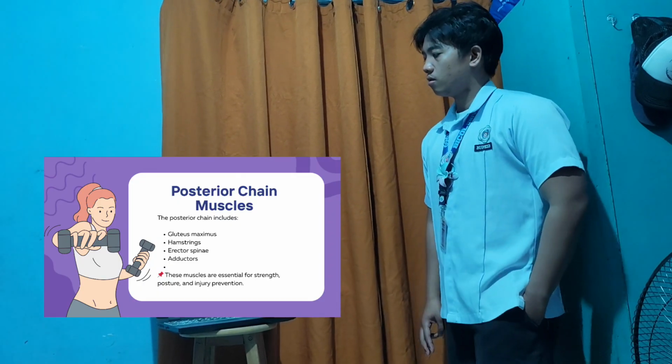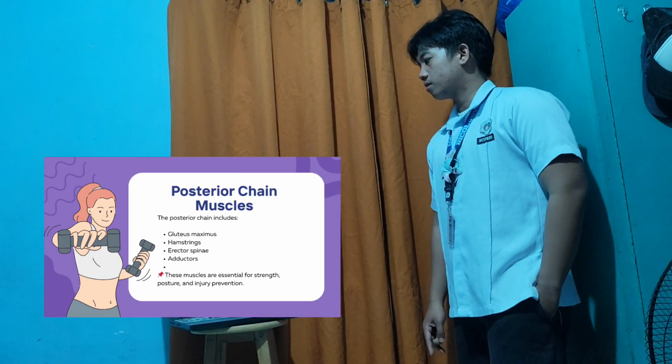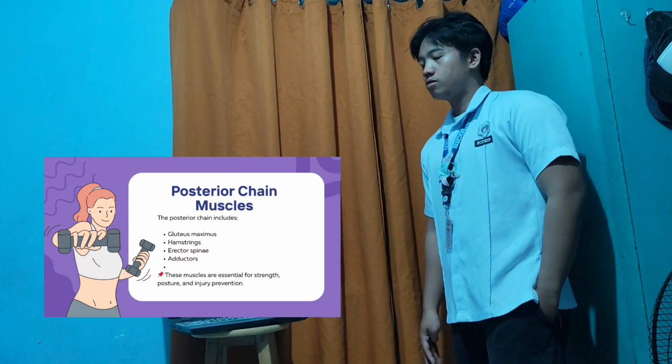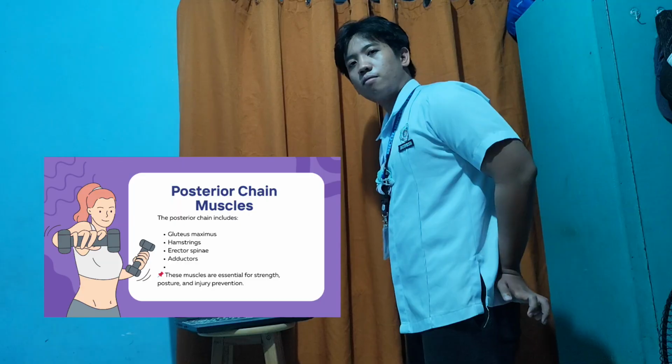So these are the posterior chain muscles. The posterior chain muscles include gluteus maximus, which is located near the butt area.